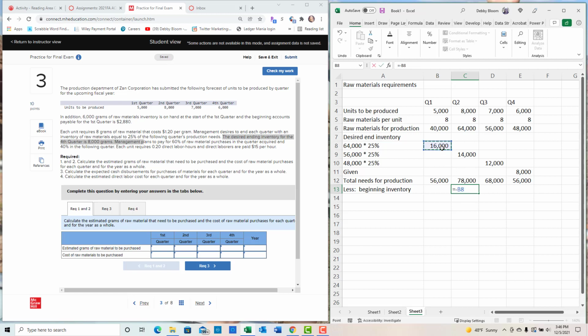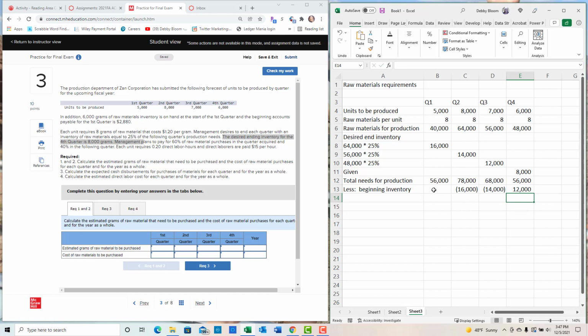So whatever we end with quarter 1, we're going to begin with quarter 2. So I just bring the 16,000. I put it in as a negative number because I'm subtracting it. Same thing, ending inventory for quarter 2 is the same as the beginning for quarter 3. And ending inventory for quarter 3 is the same as the beginning inventory for quarter 4.